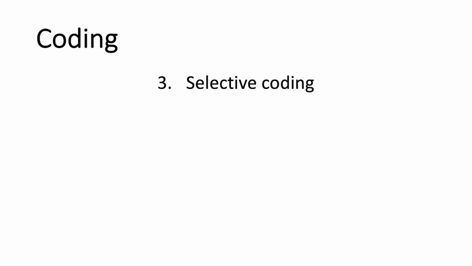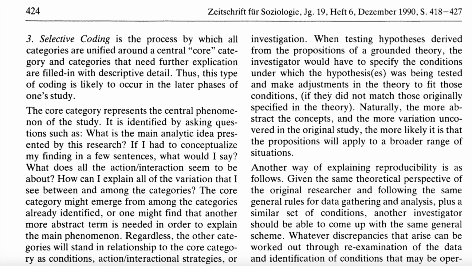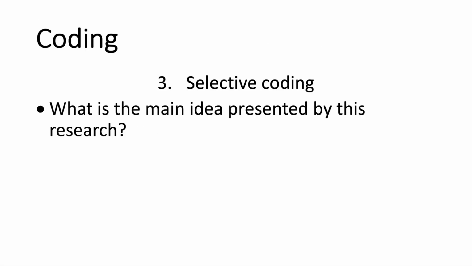The third stage of coding following the grounded theory is the stage of selective coding. At the stage of selective coding, we read through the data and through our notes and ask ourselves the questions from the reading on page 424. What is the main idea presented by this research?